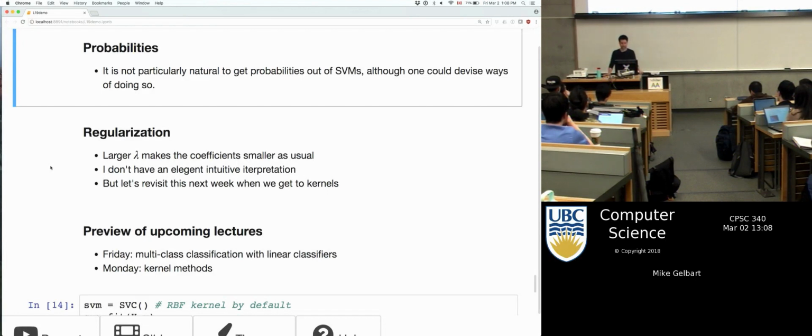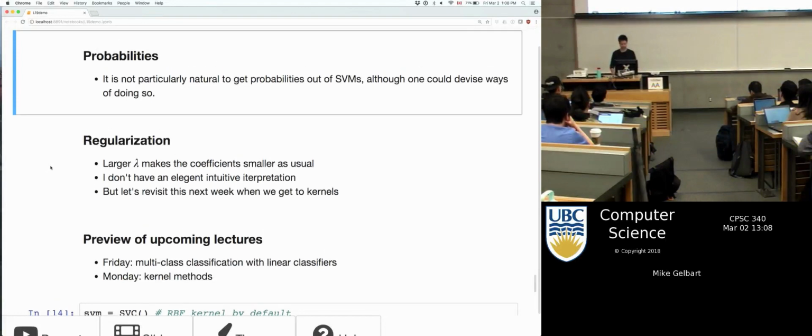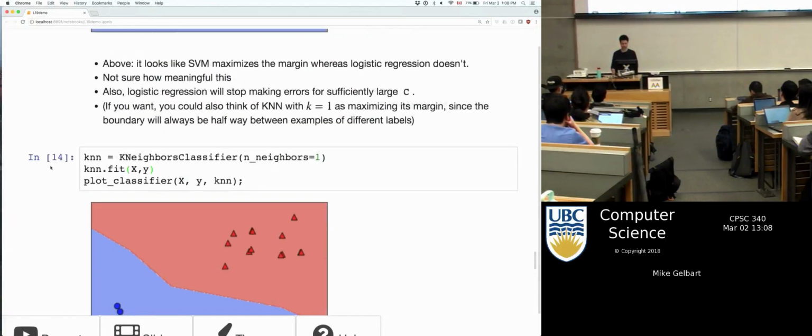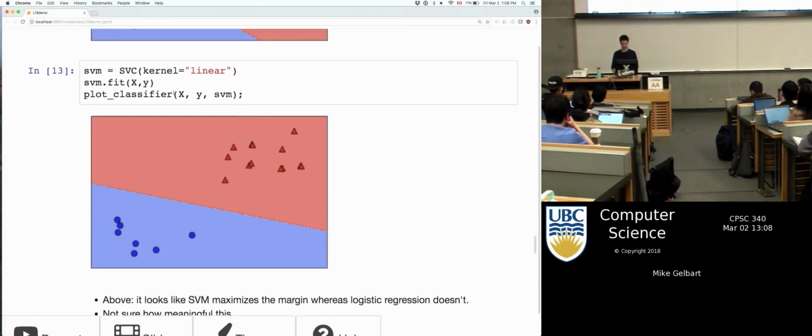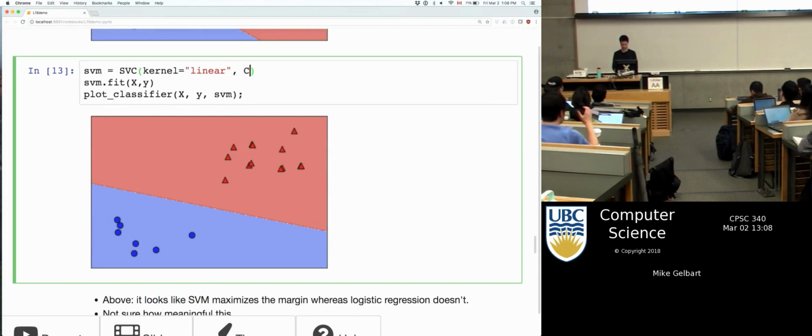In terms of regularization, I propose that we revisit the issue of regularization when we talk about kernels on Monday, because it's interesting. This max margin thing, I claim, should work under a range of regularization situations.